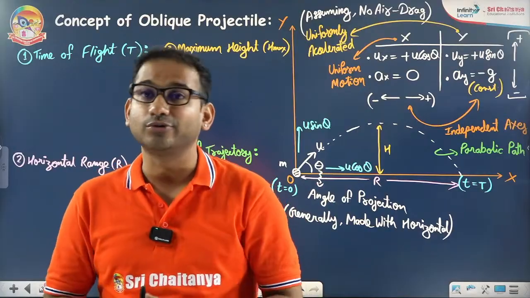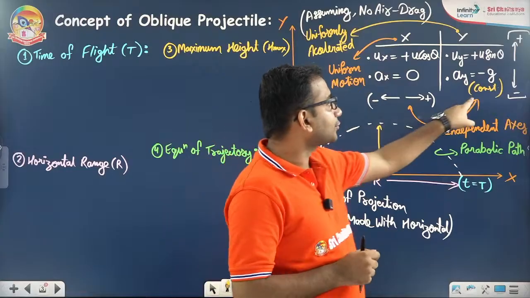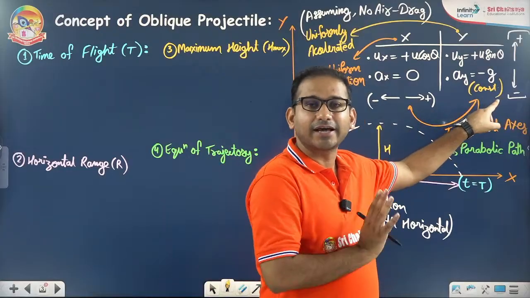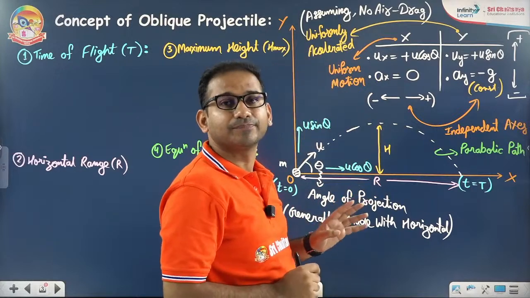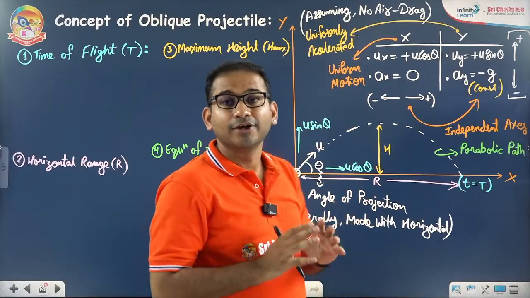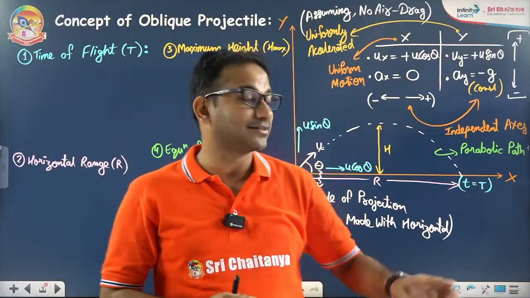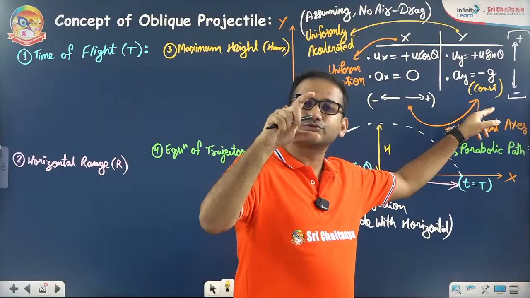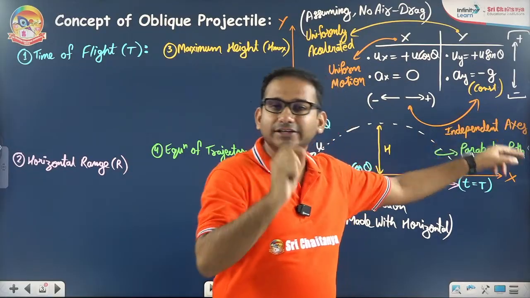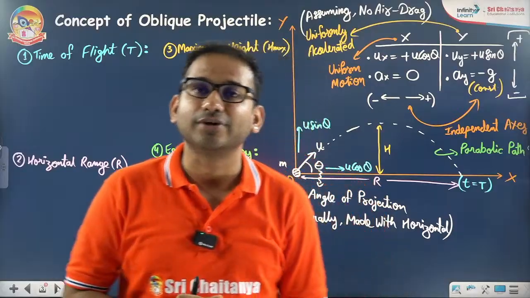And the moment its value varies with height, then definitely you can't call it uniformly accelerated. You are permitted to call it uniformly accelerated only if you are assuming that your range of motion, your height, is so small that there is no variation in the value of acceleration due to gravity.